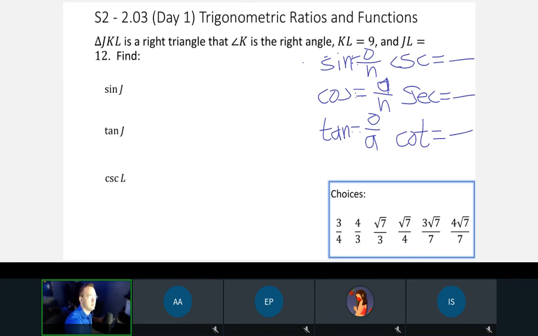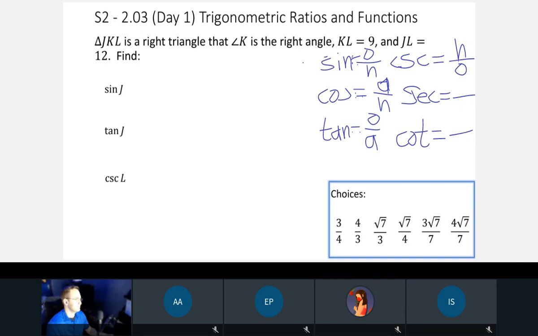So you just flip them, and Antonio, what you said, cosecant would just be hypotenuse over opposite. So 12 on top. See, the way I drew it, my opposite of L is 12. So that's what I was confused about.